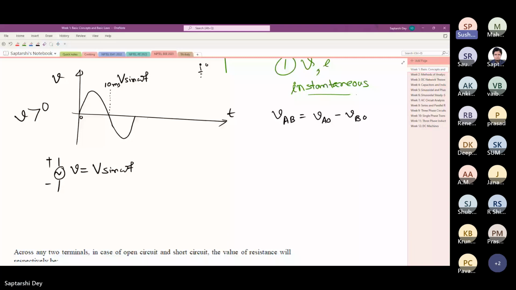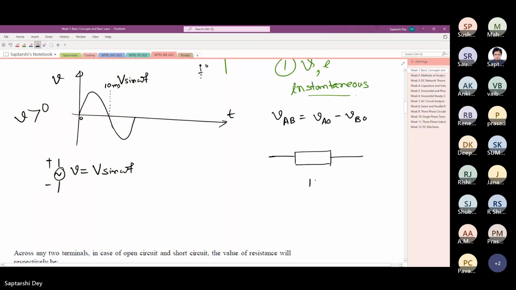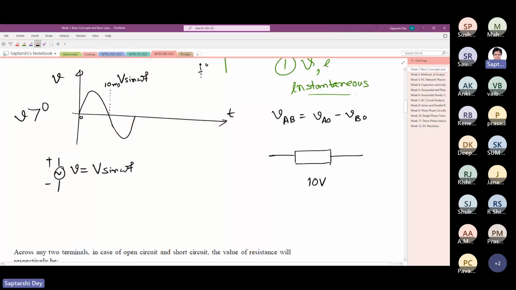So can you summarize what you have said, the reason? Say, for example, forget AC. For example, you have some element in a DC circuit, and I say that the voltage across this element is 10 volt. Would you not ask another question? Or is it sufficient to say that the voltage across this element is 10 volt?